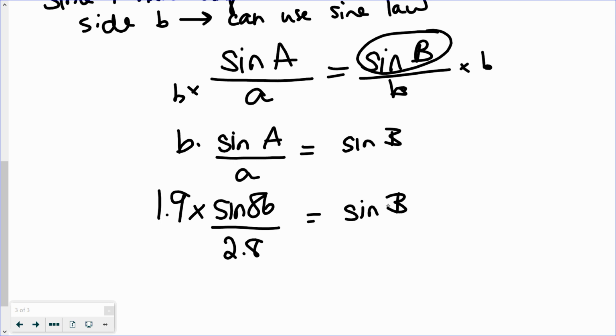So 1.9 multiplied by the sine of 86 divided by 2.8. What we get there is 0.6769. Don't just round this to 0.7. Keep 4 decimal places when we're dealing with angle stuff. If you round it too early, you're going to end up with an answer that's a wild amount off.